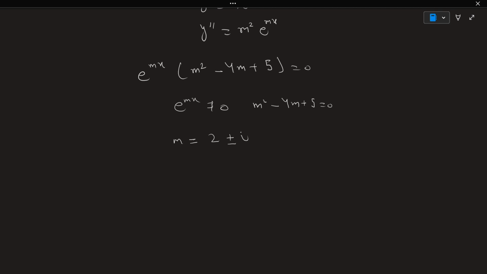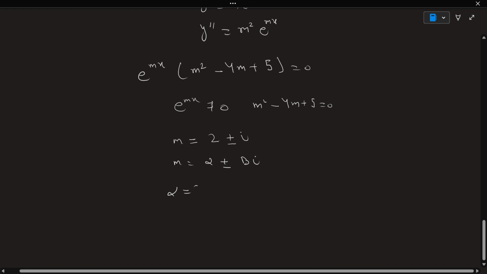So in this case we have roots in the form m is equal to alpha plus minus beta i. So we have a complex number here, and we will take our real part as alpha, and our imaginary part, which in this case is 1, as beta.